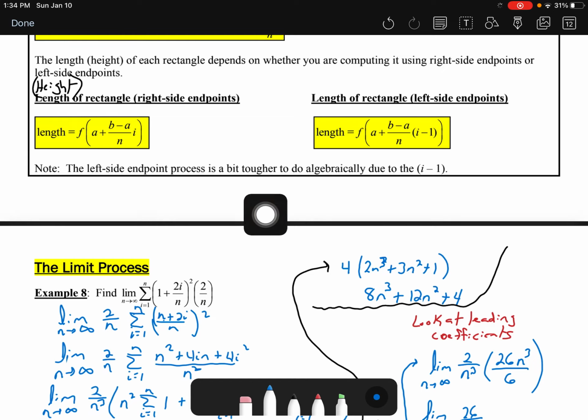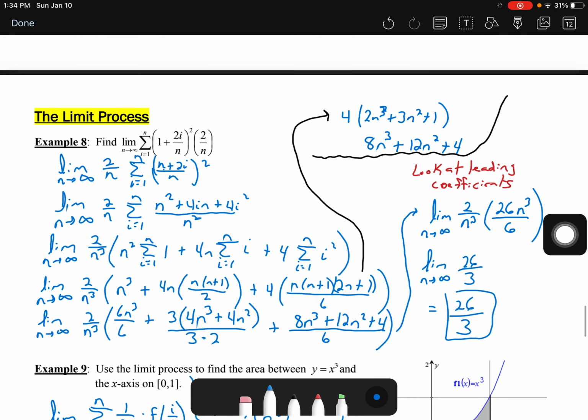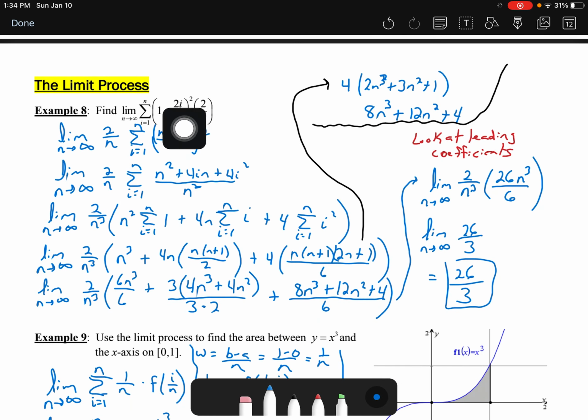So we must have started the interval at 1 and finished it 2 units down the road, which would be at 3. We'll practice that more, and the function itself is just x squared. But anyways, let's get through the limit process and come up with our area.